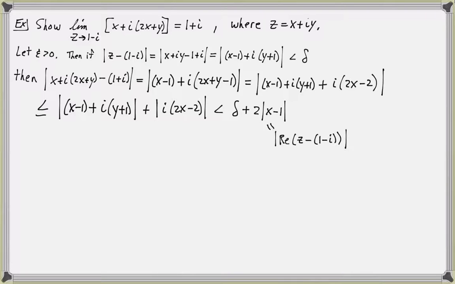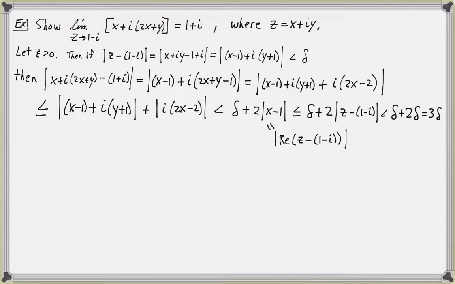So this will be less than or equal to delta plus 2 times the absolute value of z minus the quantity 1 minus i. So this expression will be less than delta plus 2 times delta, which is 3 delta.